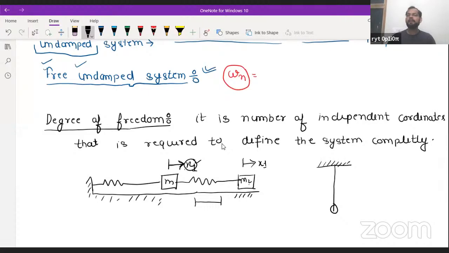Can anybody tell me in what way it can perform the motion, or which type of motion it will perform? Either it will perform translational motion or rotational motion. There is a pendulum. Which type of motion will it perform? Translational or rotational?